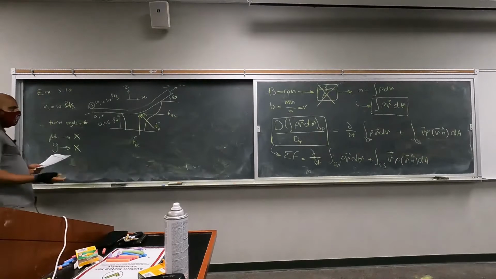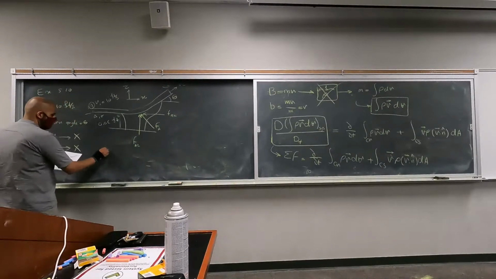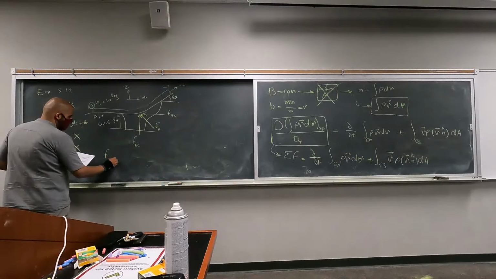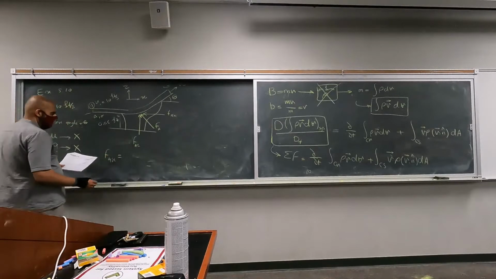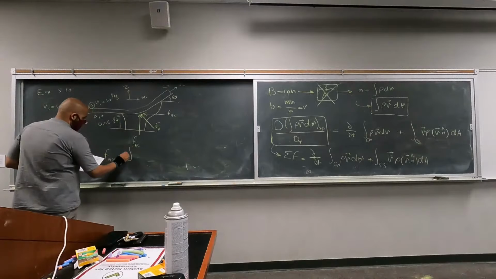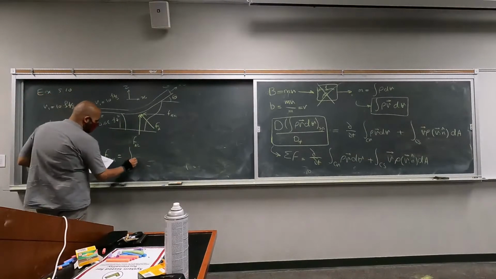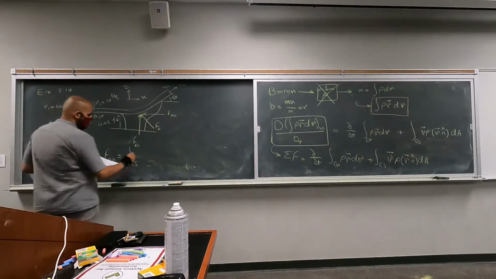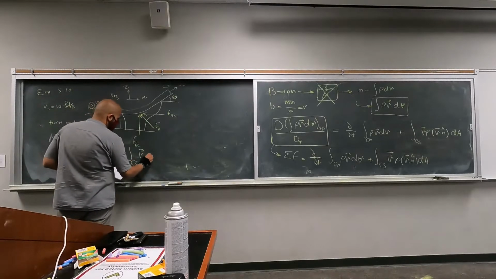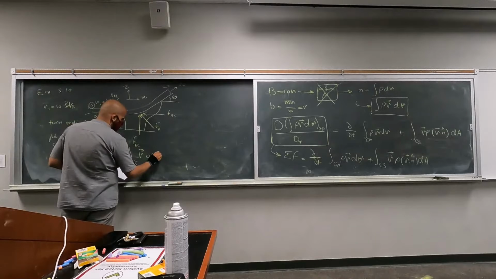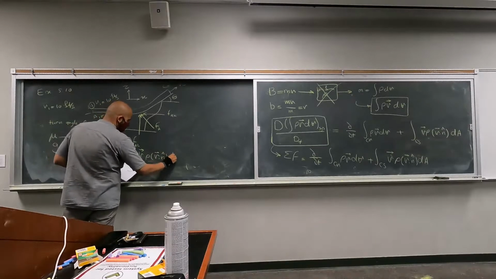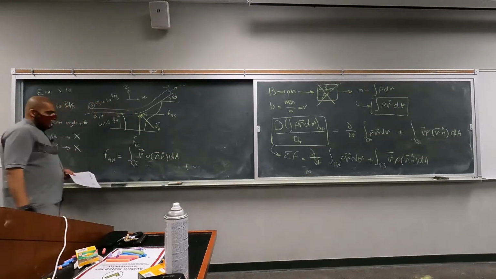So sigma F in the x direction is equal to, the first term is 0, so partial t is 0, integral over the control surface of V rho Vn dA.